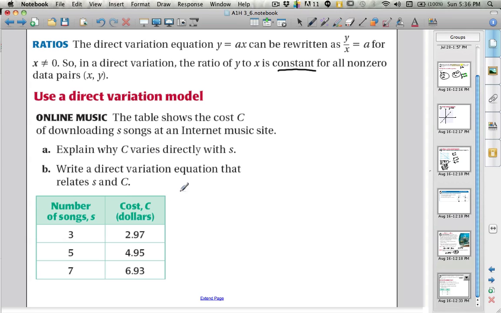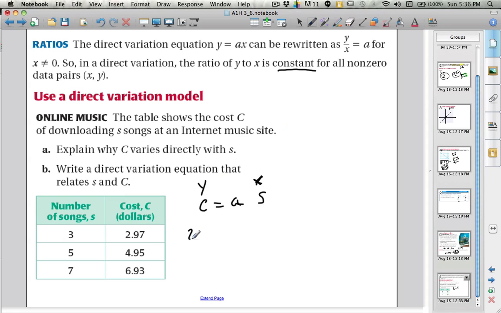So if I wanted to start working with this, I have the cost of downloading a number of songs. Again, my cost is going to be equal to A times the number of songs I buy, so S is going to be X, and cost is going to be Y.